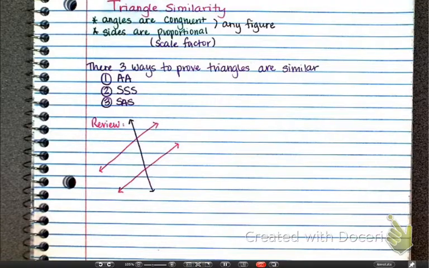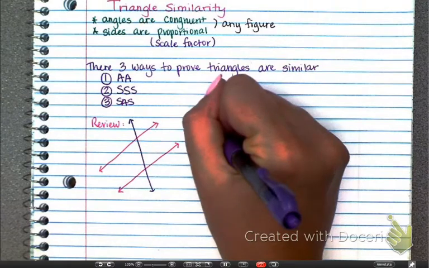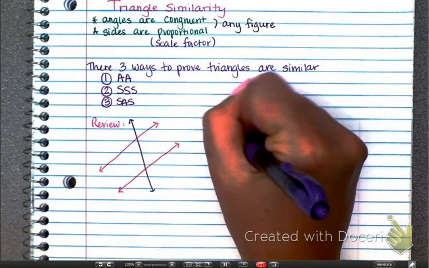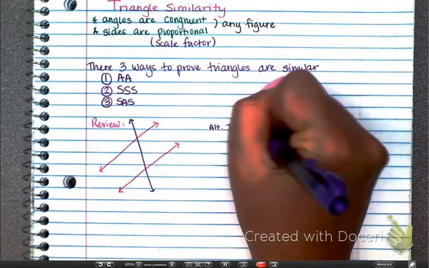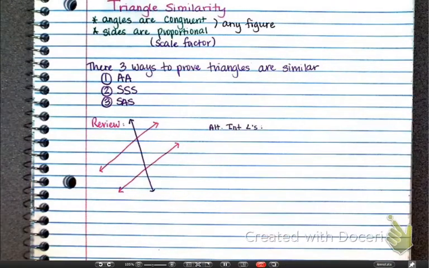Now there are different types of angles that are created by those parallel lines and transversals. I'm going to give you the first one, and then I think you'll be able to remember some of the other ones. So the first one is alternate interior angles. Do we remember that term? Now let's break down what alternate interior angles mean.